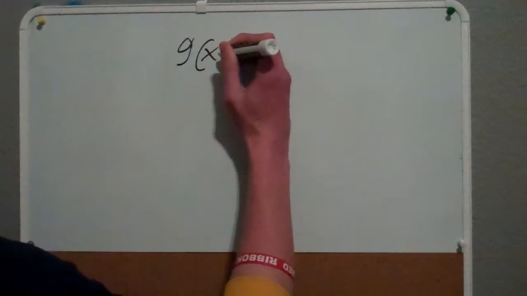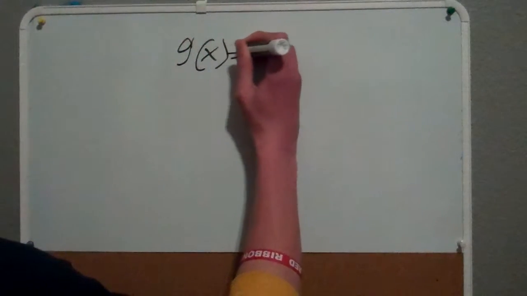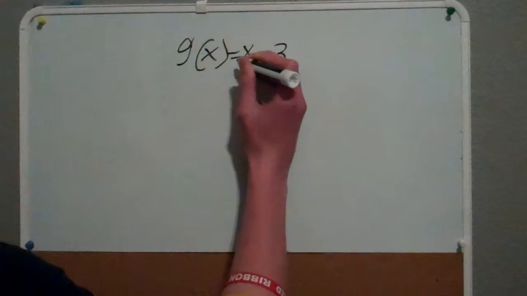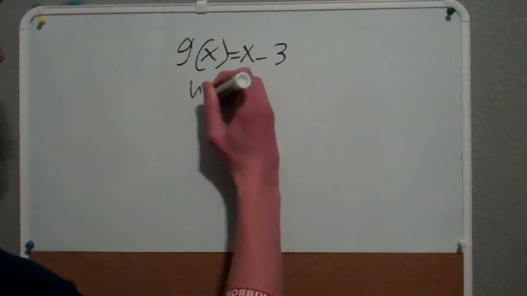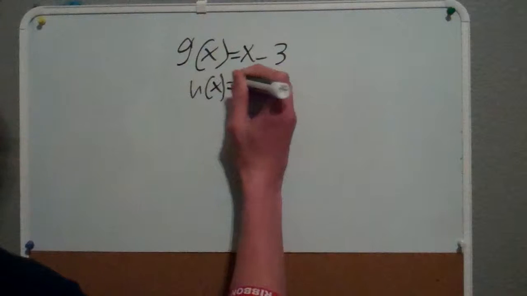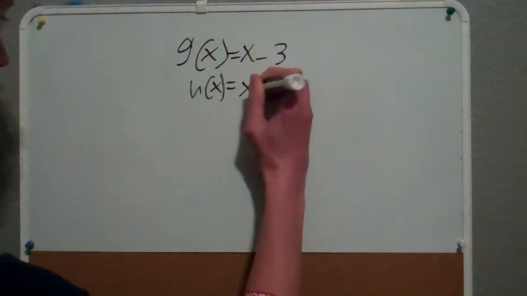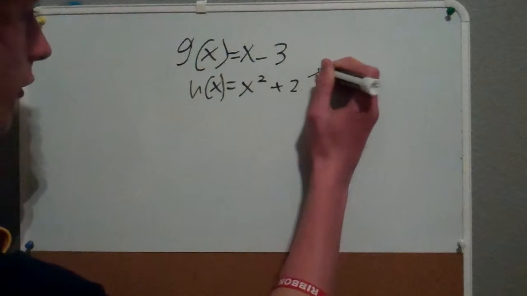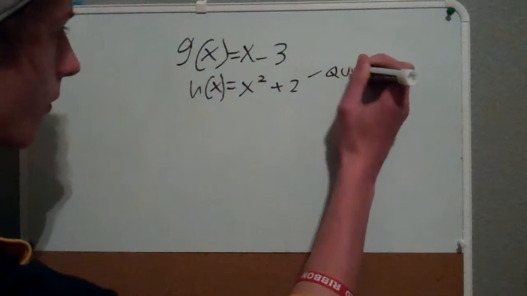g of x is going to be equal to x minus 3, and then h of x is going to be equal to x squared plus 2. That's your quadratic.